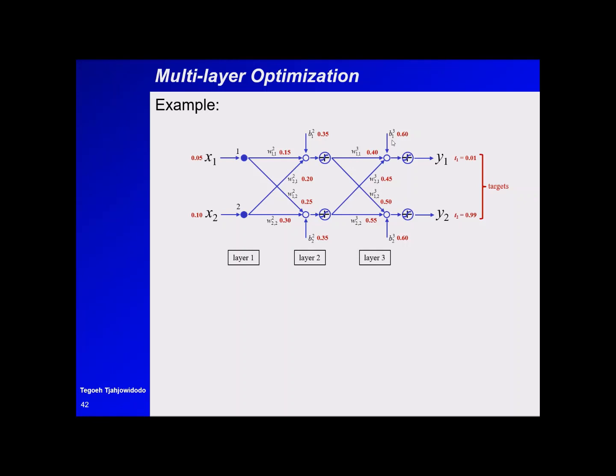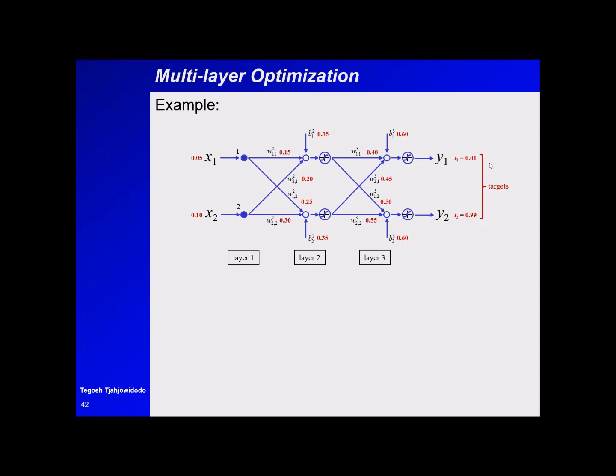I don't take all 0 values, just to make the demonstration of the calculation more apparent. So all of these weightages are initial guesses, but these are the inputs and these are the target outputs. So the first step, then, is to calculate the output in a forward manner.